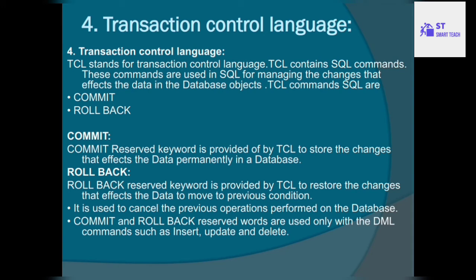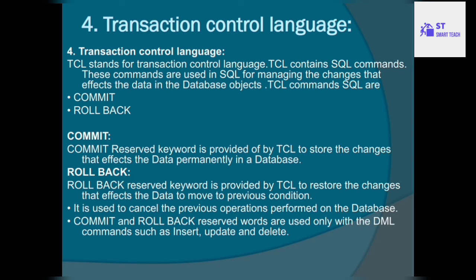So this command moves to the previous condition. Okay, it is used to cancel the previous operation performed on the database. So if you want to cancel the previous operation, whatever you have performed, it is cancelled by rollback. So the last operation you performed is a deletion command. Okay, so if you use rollback, the deletion command gets cancelled.